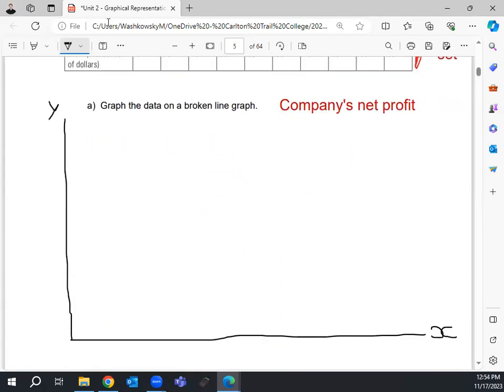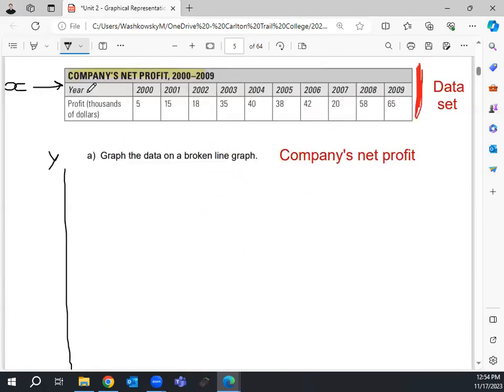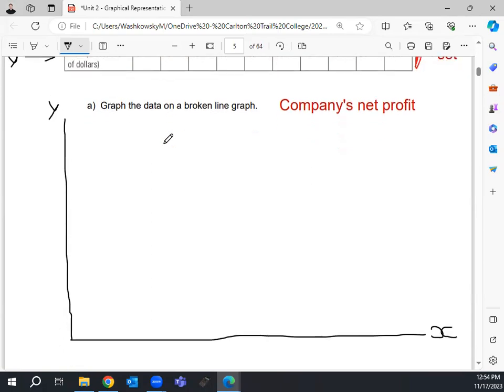We'll find out, but I don't even need to know that, because there are only very few exceptions where, if I'm dealing with time, that's going to be my x-axis, which means my money is probably going to be my y. So usually money is on your y-axis and time is on your x-axis.